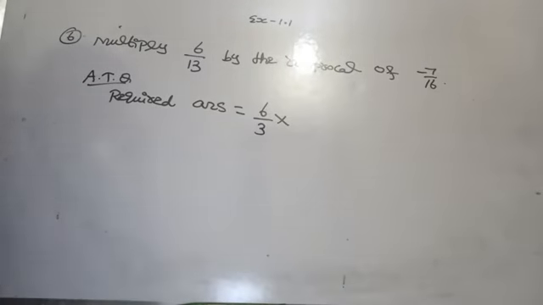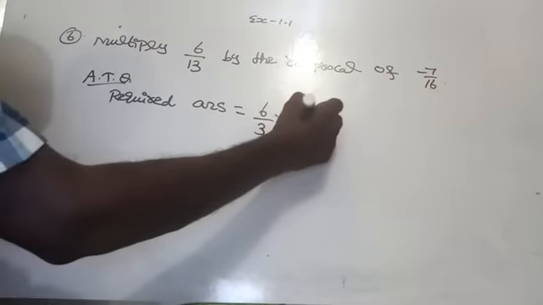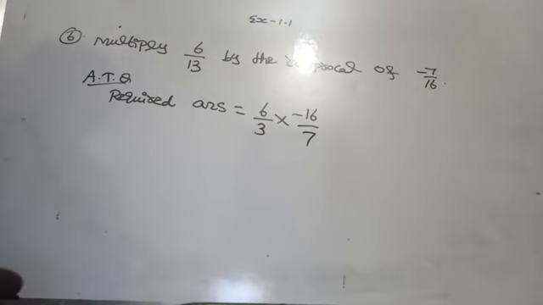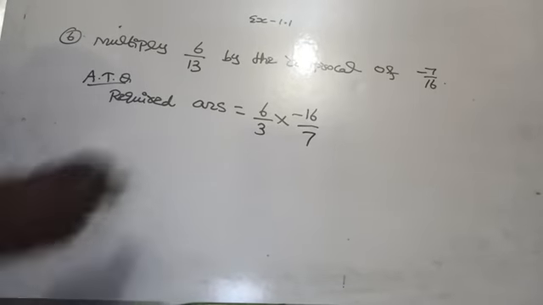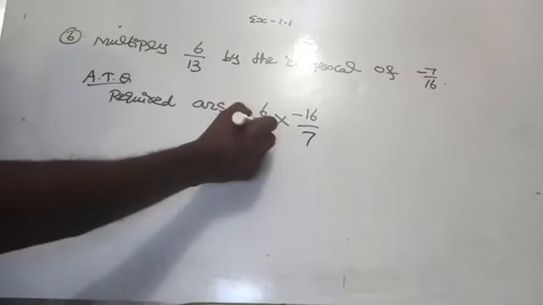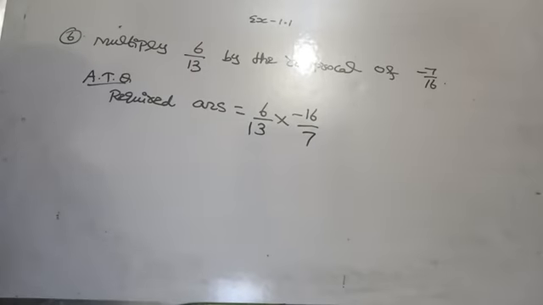The reciprocal of minus 7 by 16 means minus 16 by 7. So 6 by 13 into minus 16 by 7. If it can be reduced to the lowest form, do that.